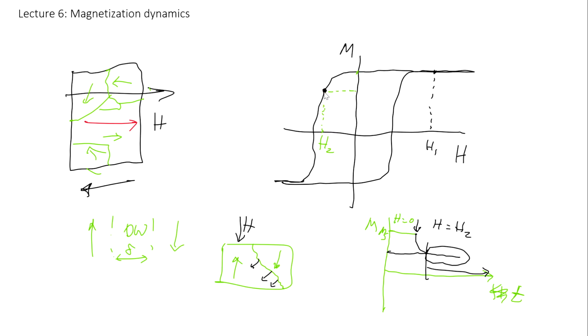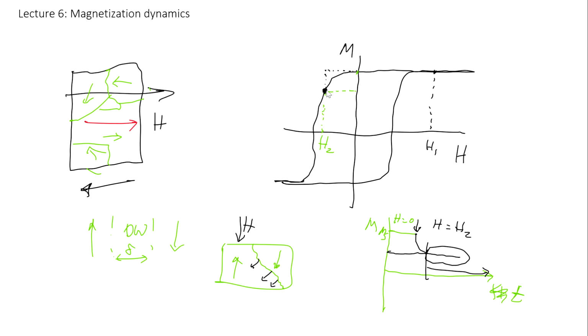And it means that as we sit on this point, if we set this field suddenly, we will jump to this field. The magnetization won't be fast enough to react to the field, but it will fairly fast go down and stabilize around here, and then it will likely be moving forward unless the domain will find a stable pattern, or it will find a stable position and won't move at all.